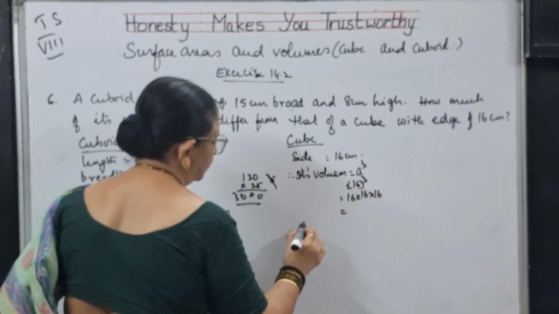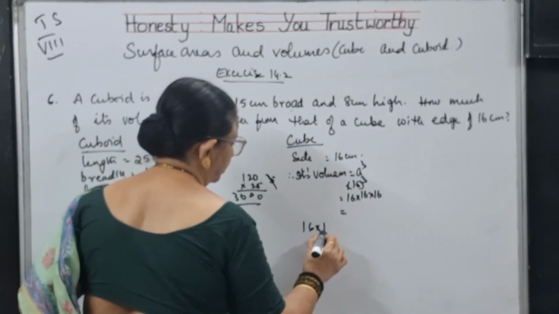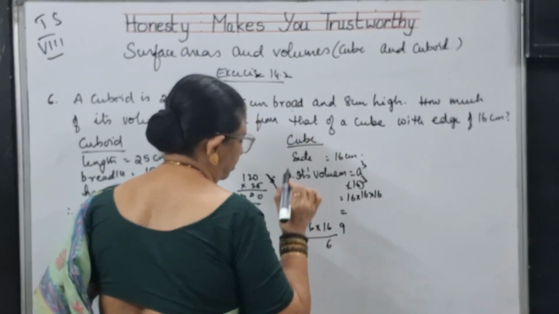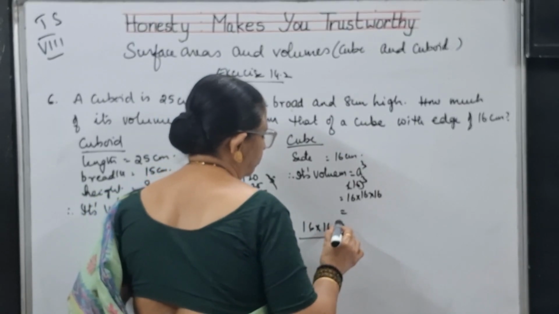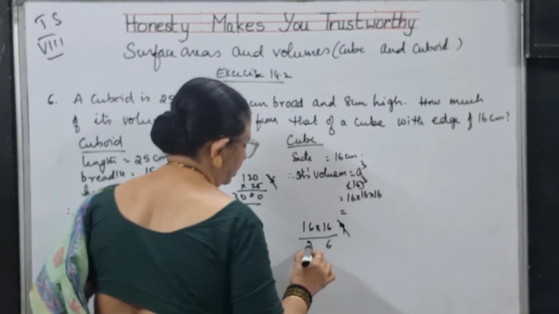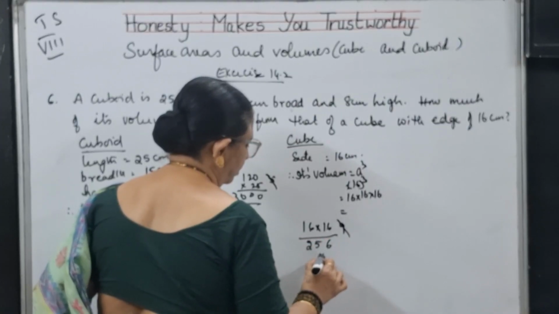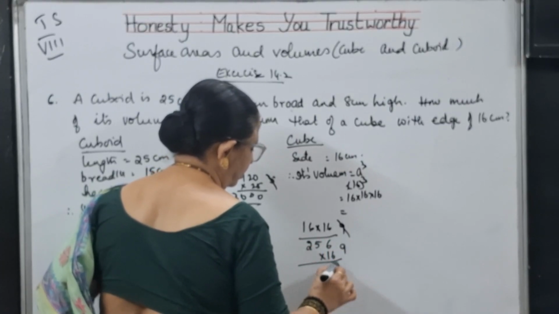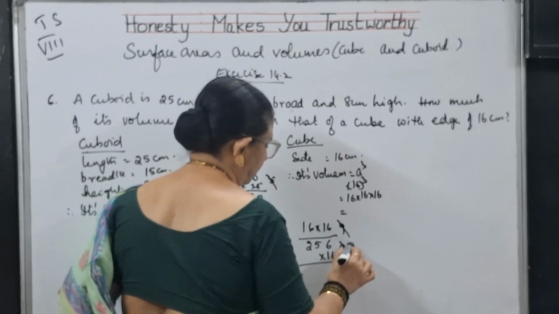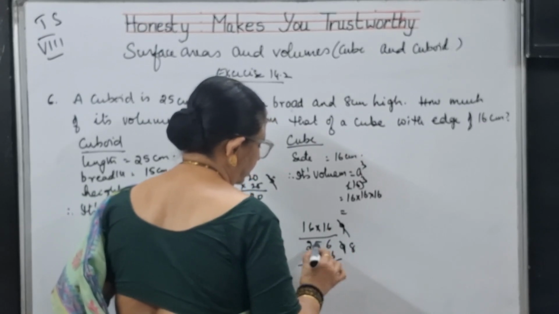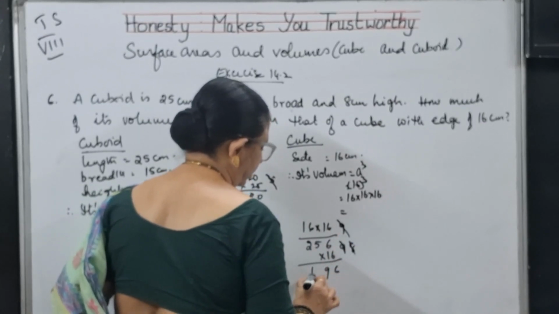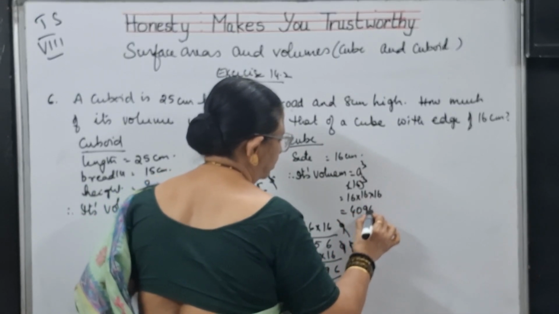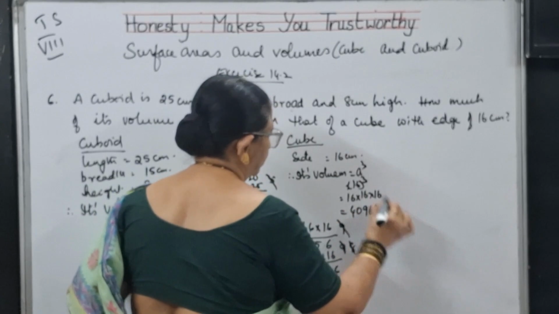So let us see. 16 into 16. 16 6s are 96. 16 1s are 16. 256 into 16. 16 6s are 96. 16 5s are 80. 4096. So this is 4096 cubic centimeters.